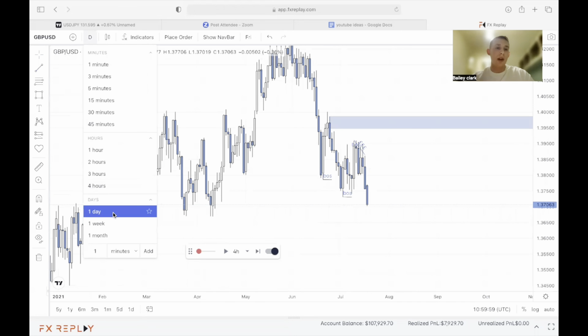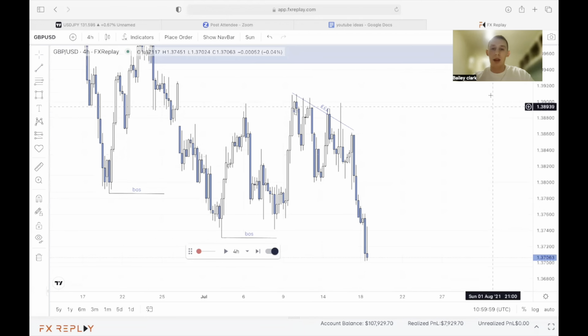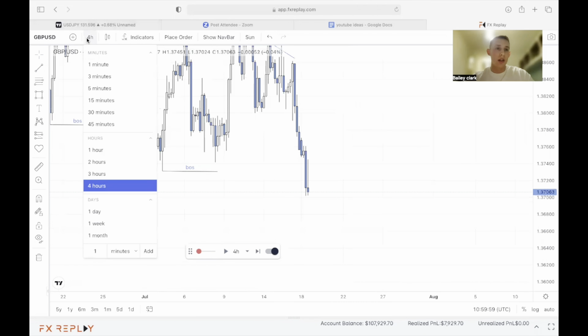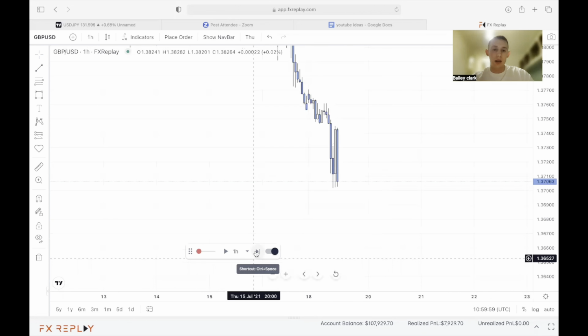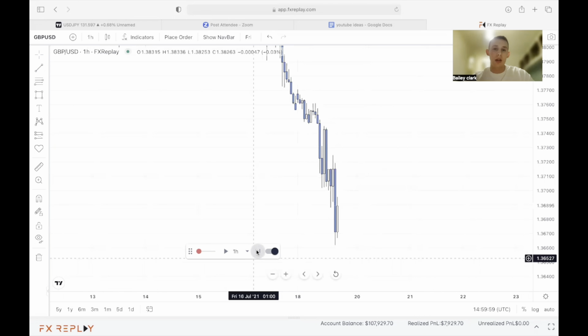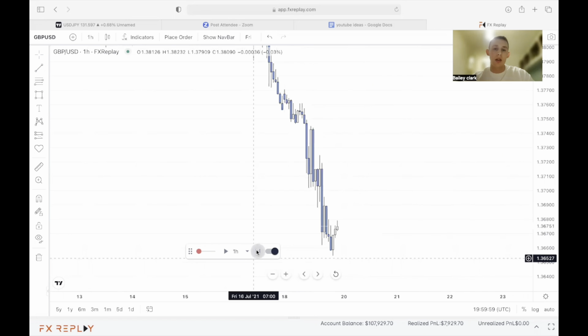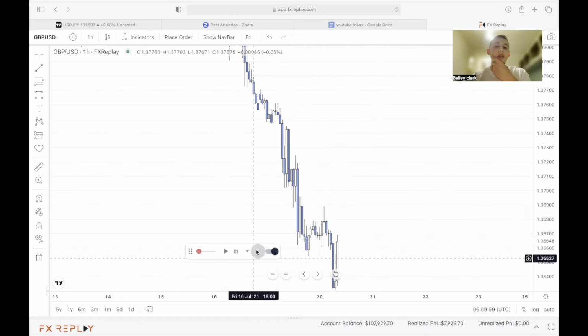So yeah, I think we could probably look for buys up if we get a valid confirmation. 1 hour. Let's have a look. Okay, still bearish.